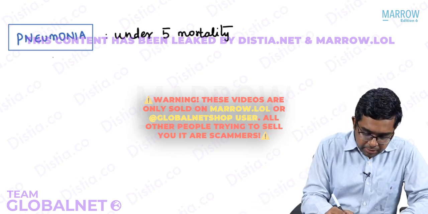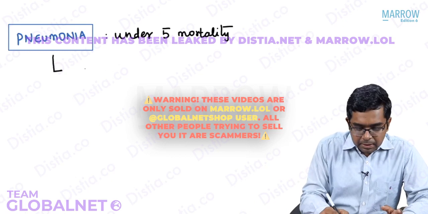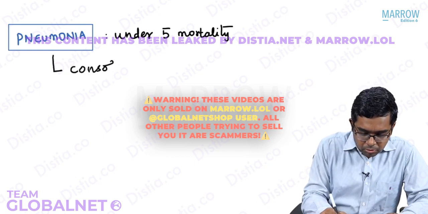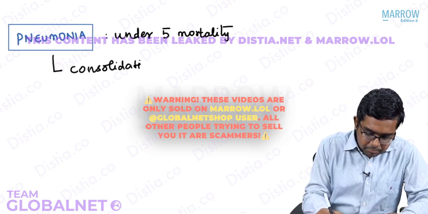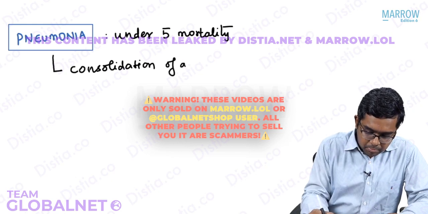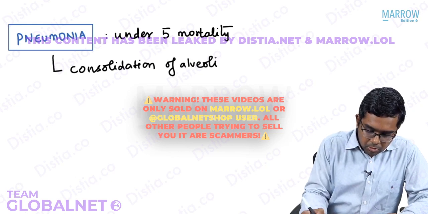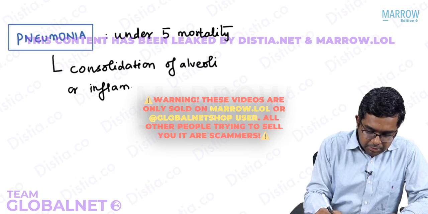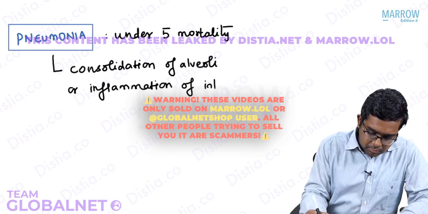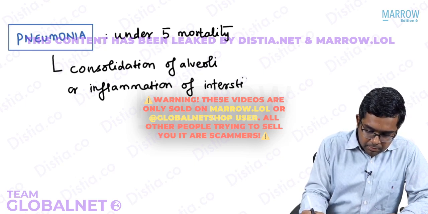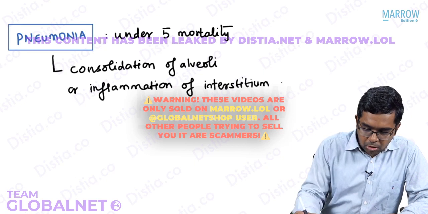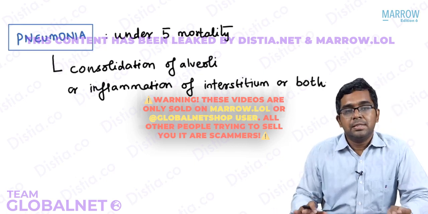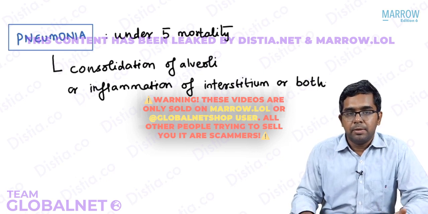Pneumonia can be defined as a pathological consolidation of alveoli or it could be an inflammation of the interstitial tissue, okay, which is surrounding the alveoli, or it could be both. Okay, that is what is a pathological definition of pneumonia.